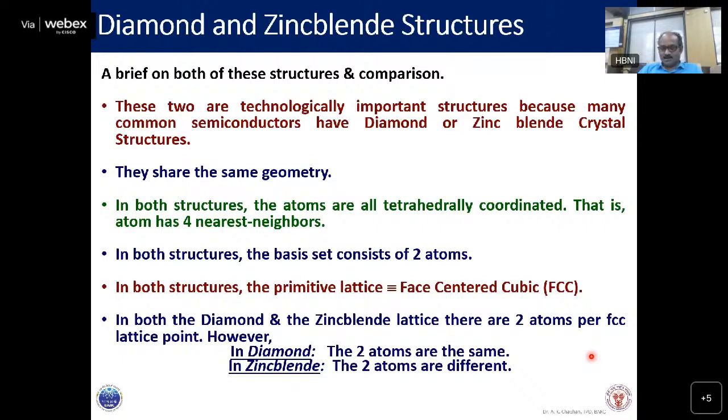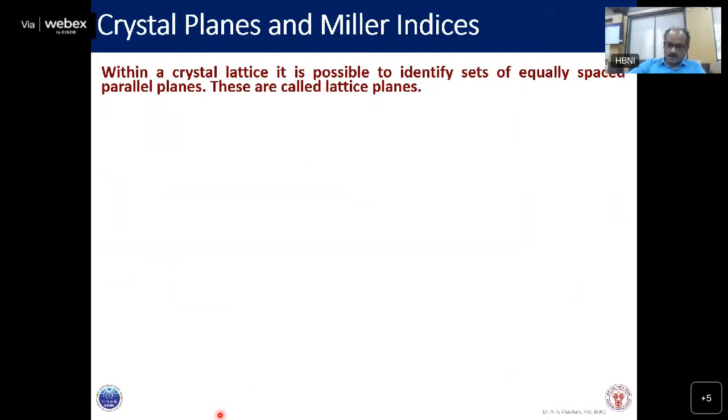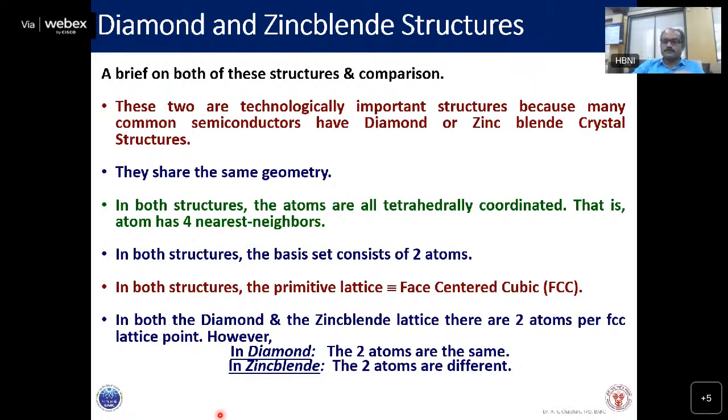We have been studying these two structures for a long time because silicon and gallium arsenide crystallize in these two structures, along with other important semiconductors.